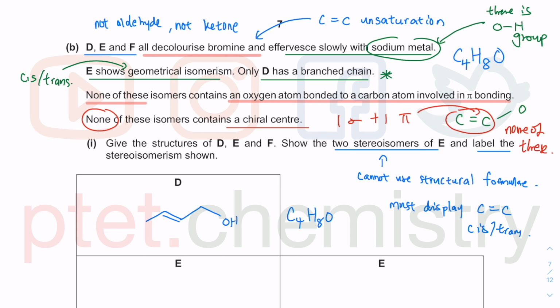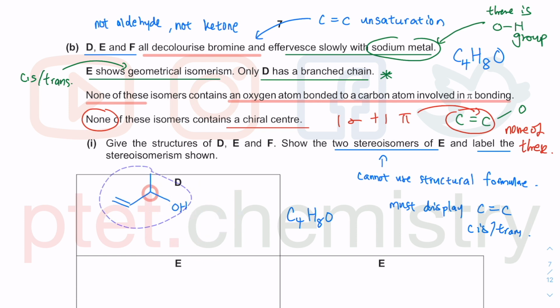But D has a branch chain. So I can't branch it unless I remove this one and branch it there. So perhaps I have this here like this, and then I just branch it there. So this is my branch chain. But I now have an issue because you see this is chiral. You see how this one has a carbon bonded to CH3, OH, something with a double bond, and then a hydrogen. So this cannot be the answer.